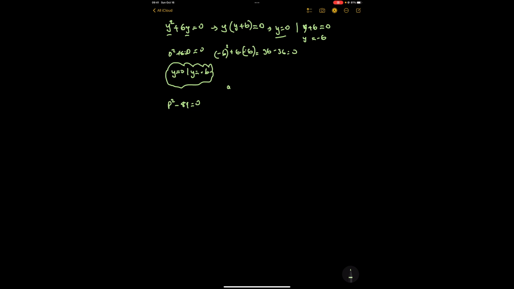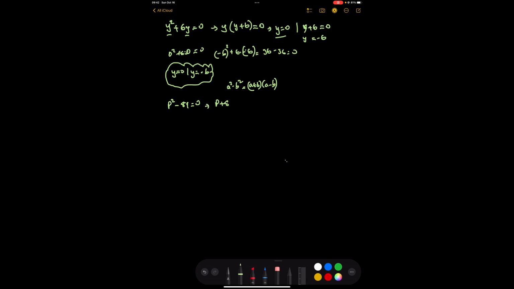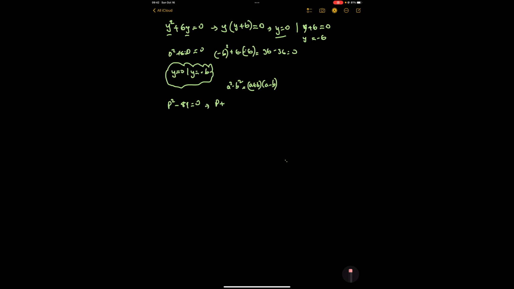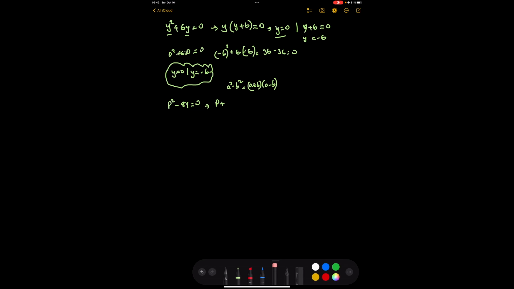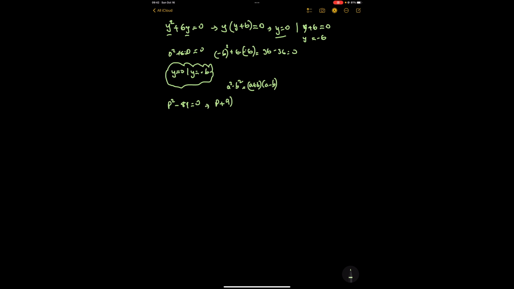It's like a squared minus b squared, if you remember, which is equal to the conjugate, a plus b times a minus b, right? 81 is the square of 9, so that will be p plus 9 times p minus 9 equal to 0.